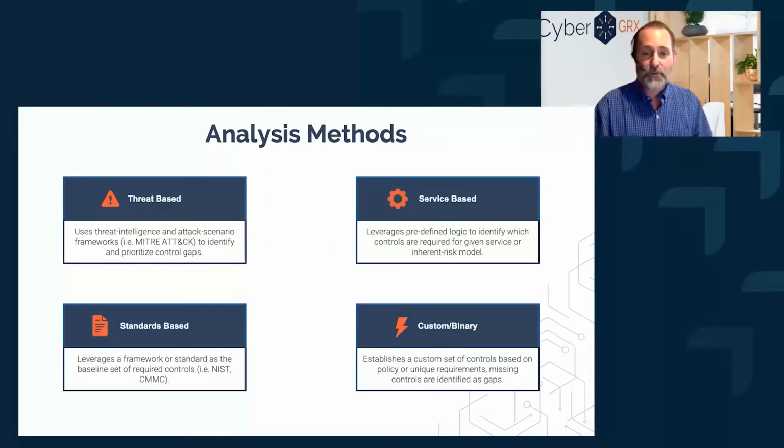This takes a lot more knowledge and a lot more skills, because it also can lead to data overload unless you know what and why you're asking for specific control information. You've really got to get down to the nuts and bolts of the analysis that you're putting into those control assessments.